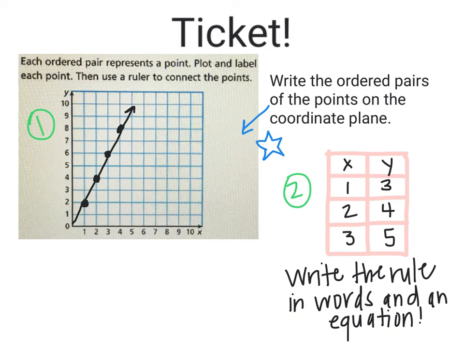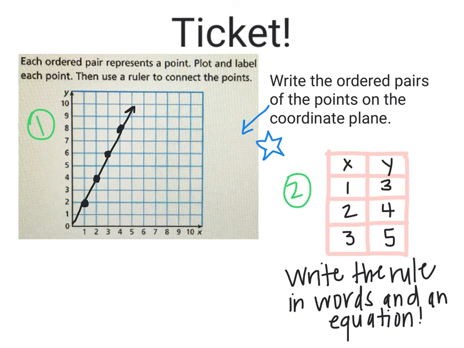All right, 4th graders, it's time for your ticket. So on this graph, I already have a line with plotted ordered pairs for you. What I'd like you to do is just ignore these directions up here and instead look at my directions that I've made. I'd like you to write the ordered pairs of these points on the coordinate plane.